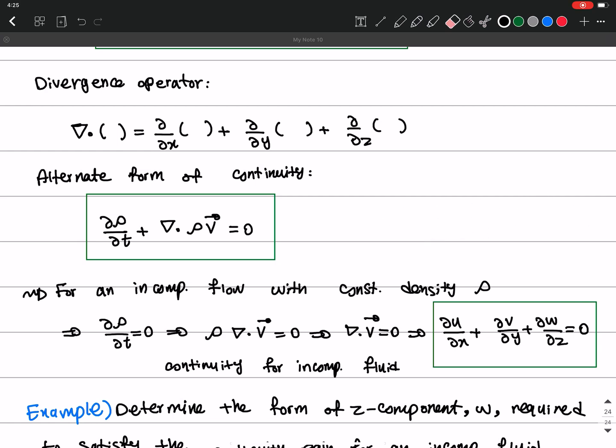I'm not going to write it down, but just to remind you and give you an idea, if you ever hear this, you have to know what it is. The differential form of the momentum equation is called the Navier-Stokes equation.